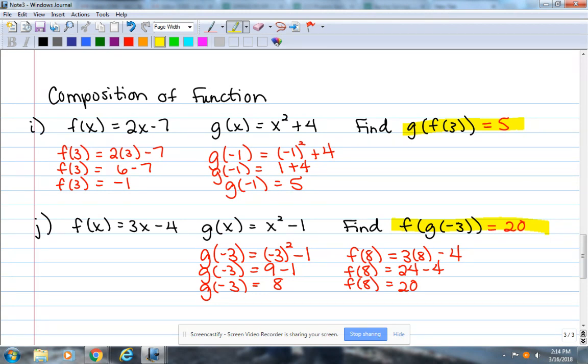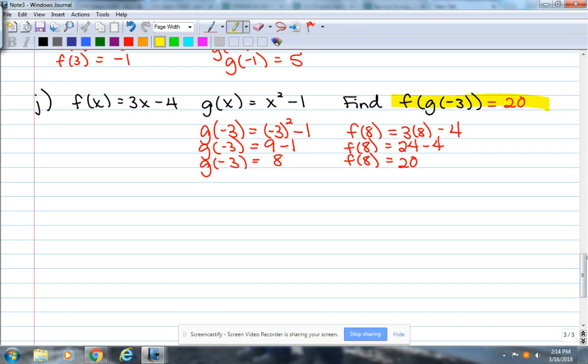But they're not always going to give you a number right here, unfortunately, because those are easy. We can just do arithmetic, right? So they're not always going to give you a number right there, and you have to do function composition another way. So here's our example K. So this setup is a little different.